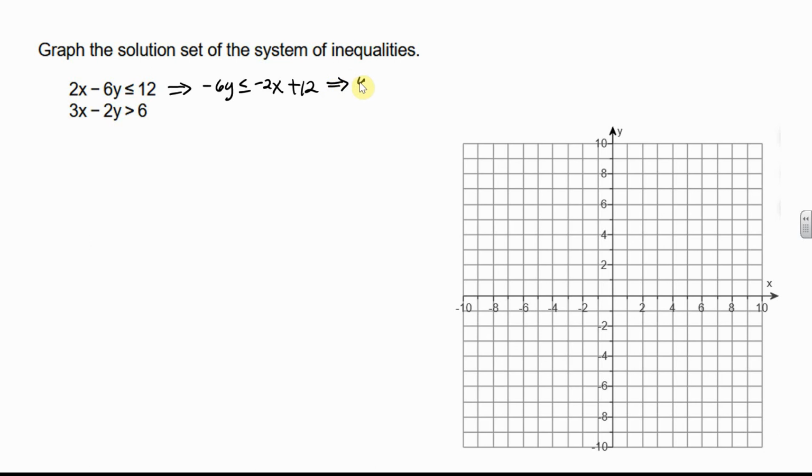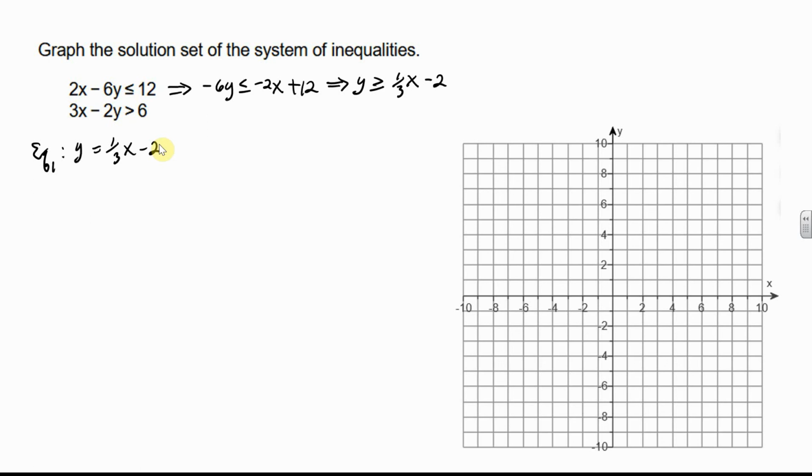So this becomes y greater than or equal to negative 2 divided by negative 6, which is just 1/3 times x, and then 12 divided by negative 6 is negative 2. So we'll say equation 1 is y equals 1/3 x minus 2.